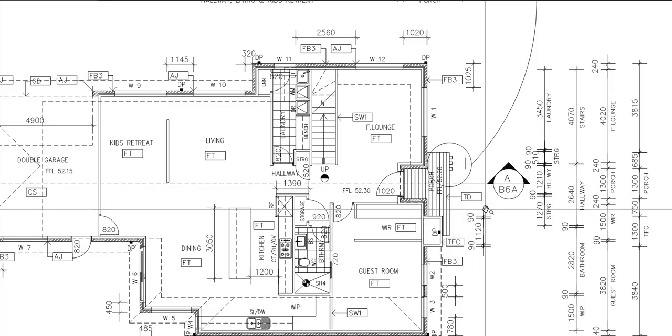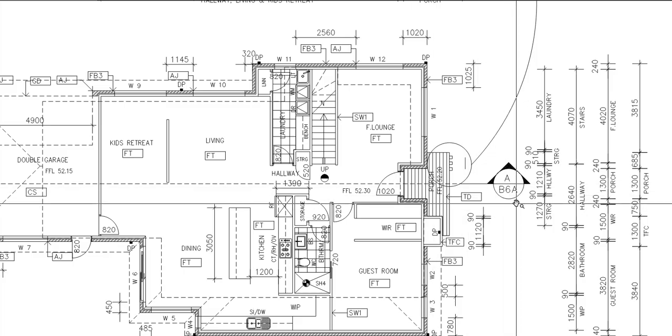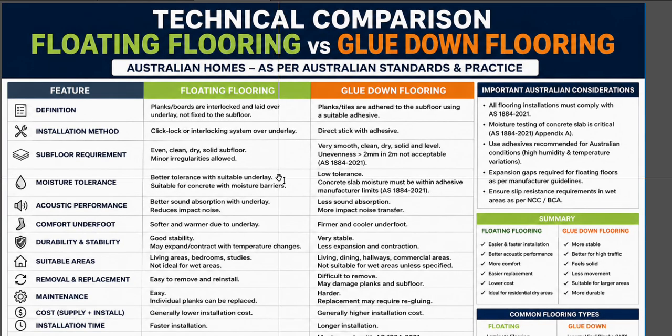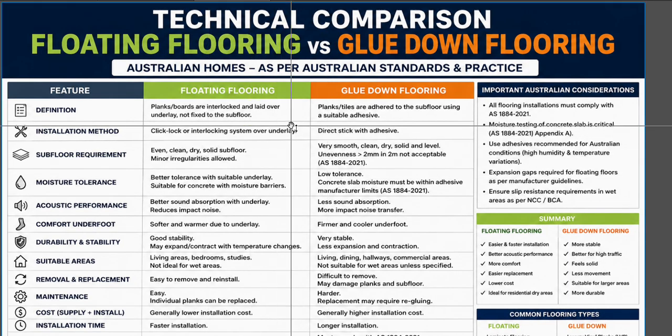I think many of you guys know what a floating installation of timber flooring is and what a glue down installation of timber flooring is. But just to clarify these things, I have made a small presentation for floating and glue down for you guys.